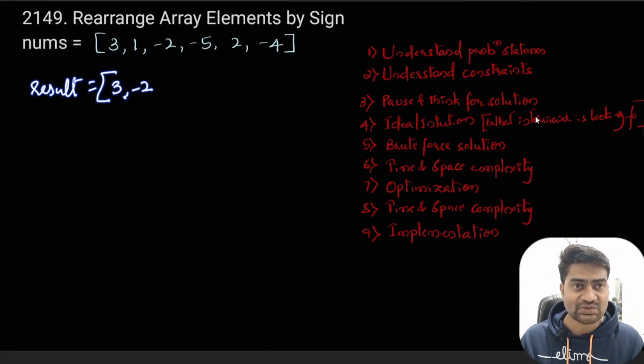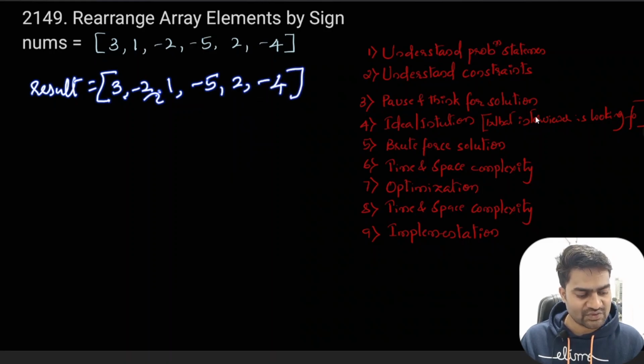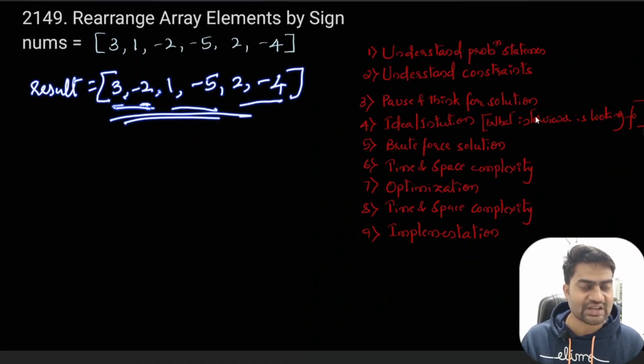We are taking the numbers in the same order that they appear. So minus 2, then 1, then minus 5, then 2, and then minus 4. Each pair contains one positive number and one negative number. So this is how we need to rearrange and return the answer.